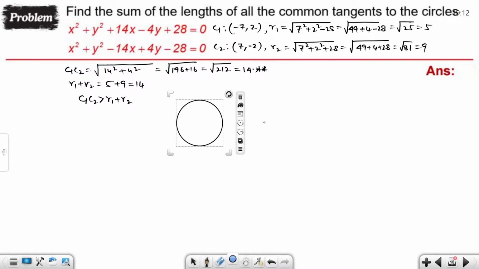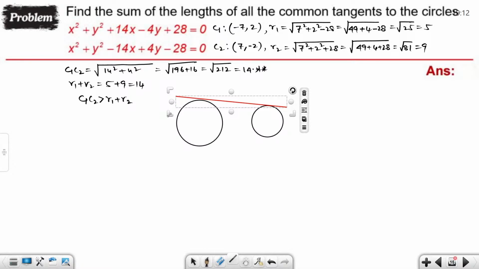Okay, so this is one circle and the other circle will be somewhere here, right? Now, as these two circles are not intersecting, neither are they touching each other, hence there will be 4 common tangents, out of which 2 will be direct common tangents, like these two. We have all discussed this.